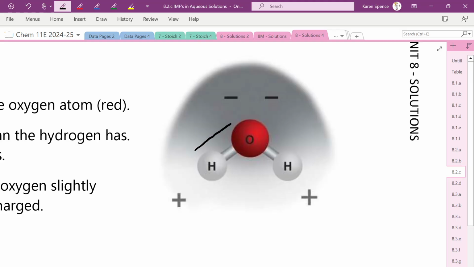Would it point towards the H or towards the O? It would point towards the O. And what goes on the other end of that arrow? A line. And why do we have that little cross thing at the end of the arrow? What does that represent? A positive charge. Okay, so we have our 2 bond dipoles.